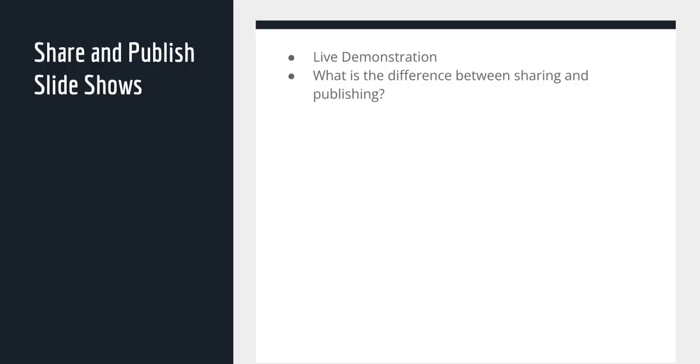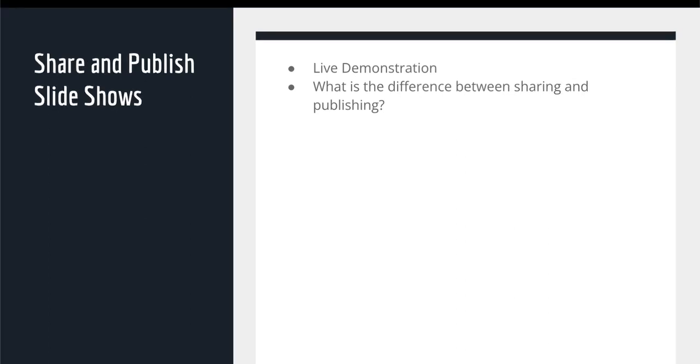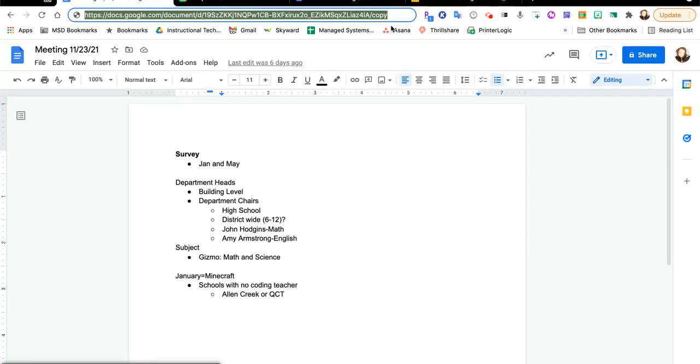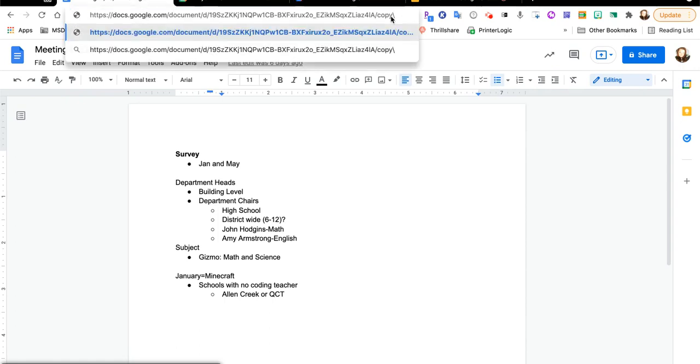And then we're also going to talk about publishing and sharing. So, what's the difference between the two? Before, I showed you with this document over here how you can easily force it to either have people create copies, force it so people can edit or just view, but you can also type in share.